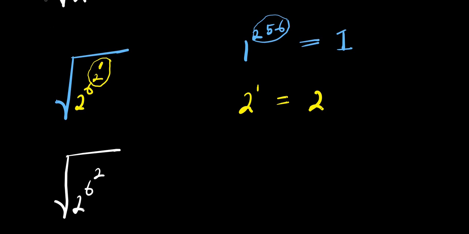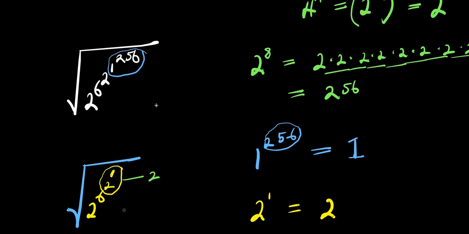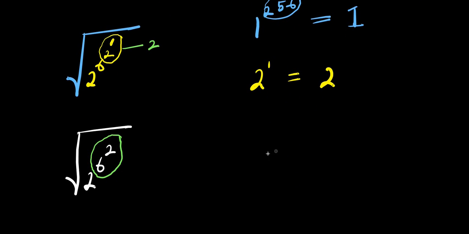So the next step will be for us to consider 6 to the power of 2. So remember this is 2. And don't also forget that this one here is 1. So 6 to the power of 2, we have 6 to the power of 2.